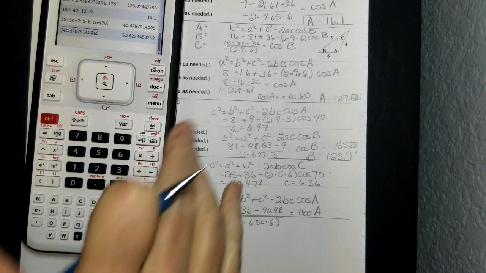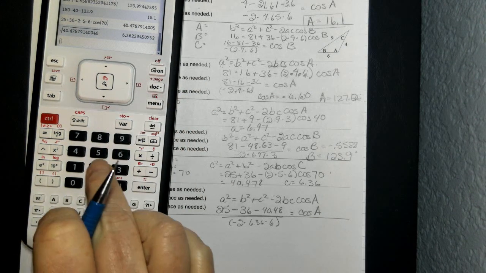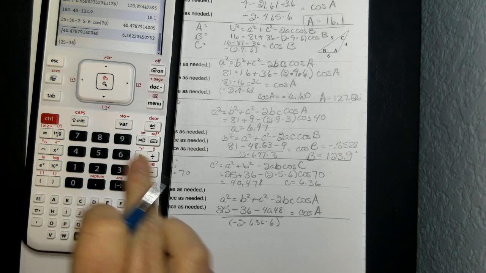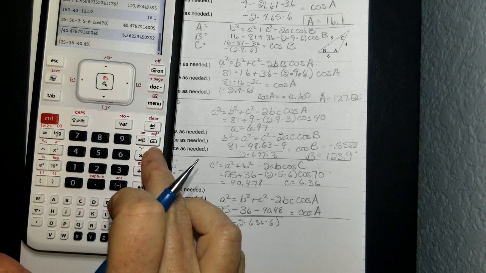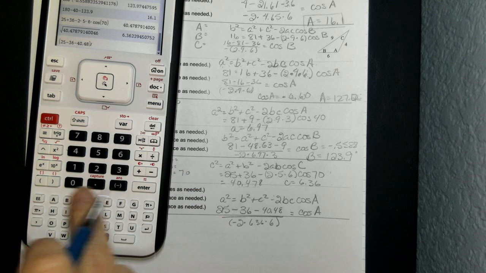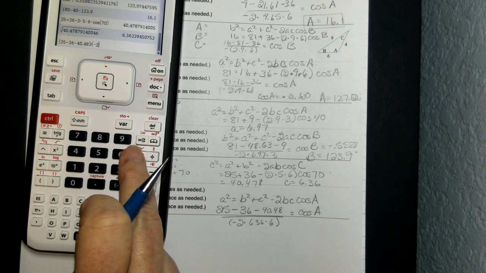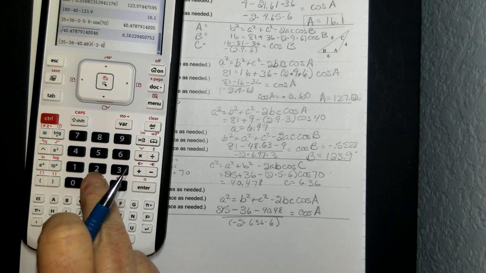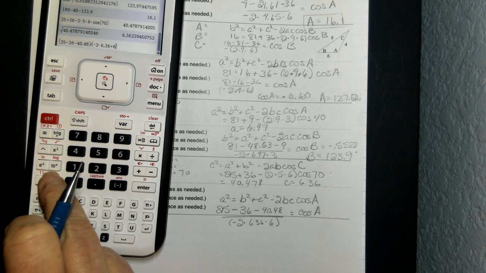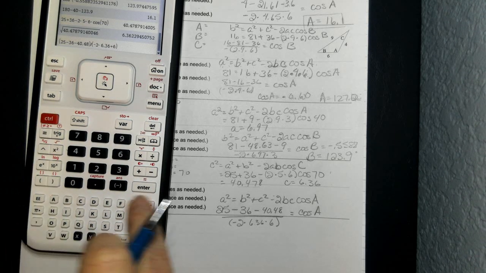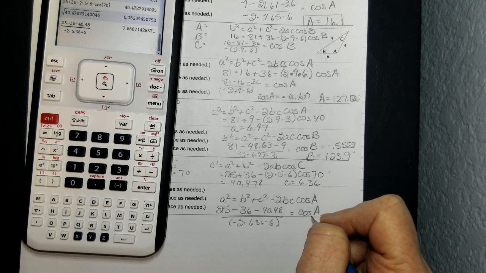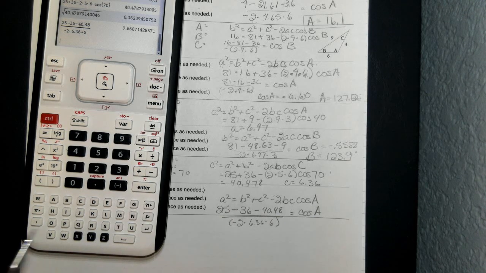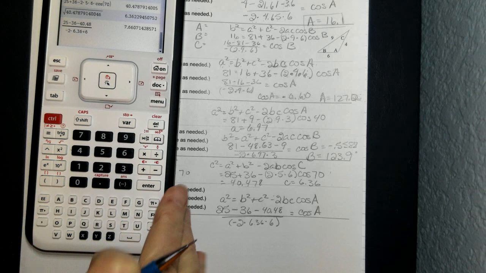Alright, so let's try that. Using my parentheses to keep it clean, 25 minus 36 minus 40.48, close parentheses, divided by, parentheses again, negative 2 times 6.36 times 6, close parentheses. And I get, that didn't work again. My parentheses are not working for me right now, so let me try that one last time.